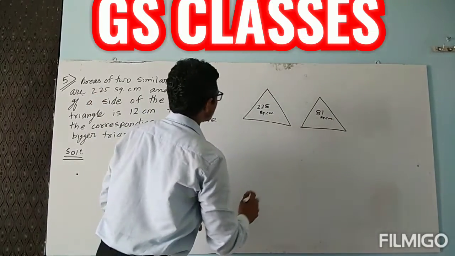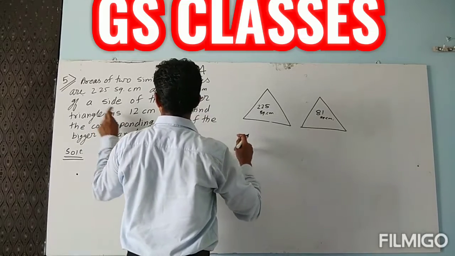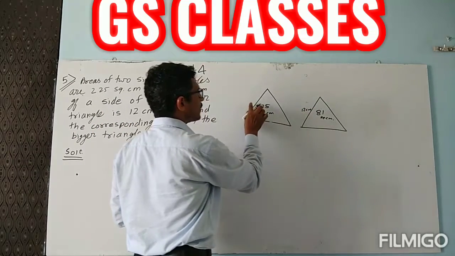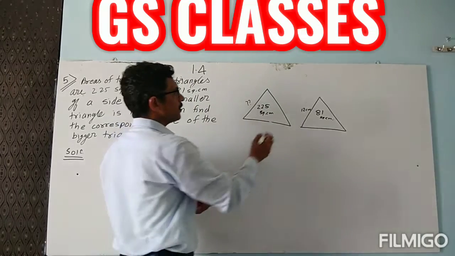Now children, they are telling you side of the smaller triangle is 12 centimeter and the corresponding side of the other triangle they are asking.